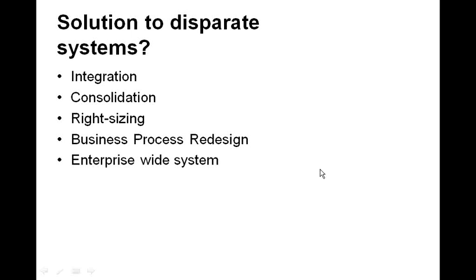Because if I have integration in one particular software, I will be using a centralized system in place of a distributed one. In the case of a centralized system, definitely I will have a centralized database.